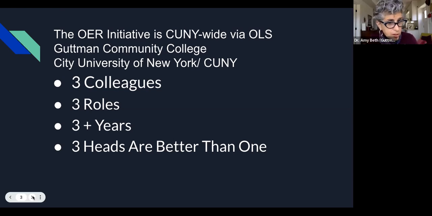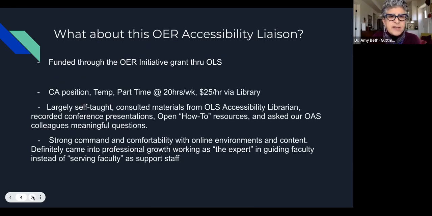And there's a question of how many years going forward will they continue to fund an accessibility liaison. But the outcome from Gutman has been very strong, and I'm hopeful for one more year ahead. So with humor, we say it is evident that 3 heads are better than 1. We work as a close team.